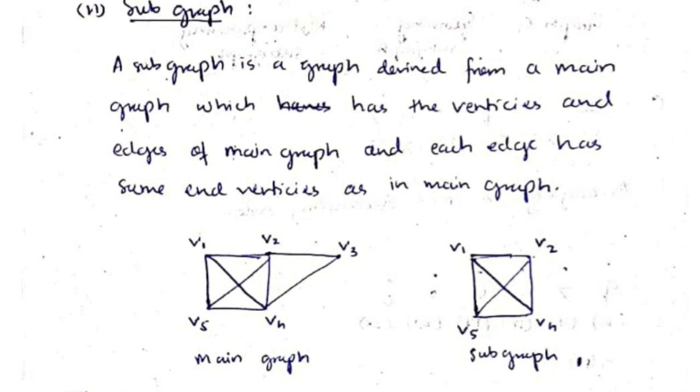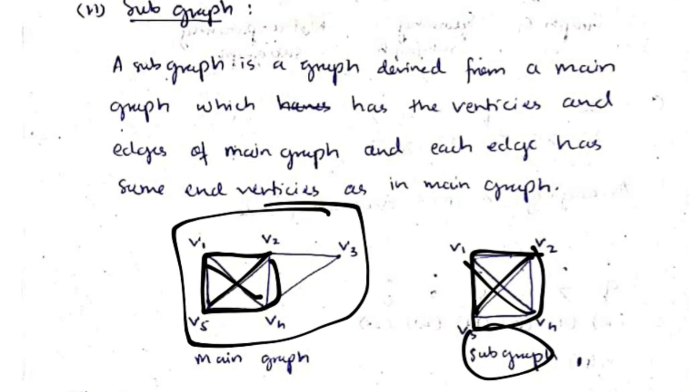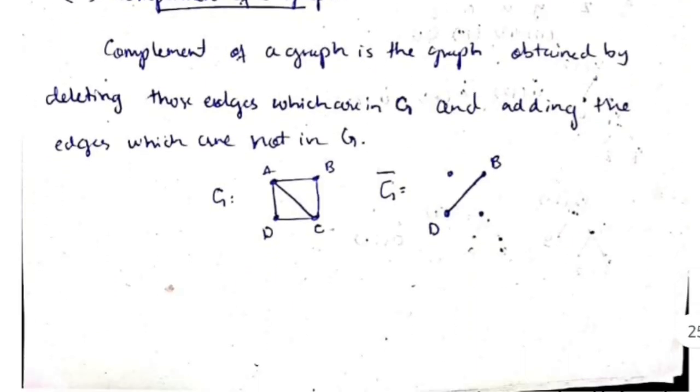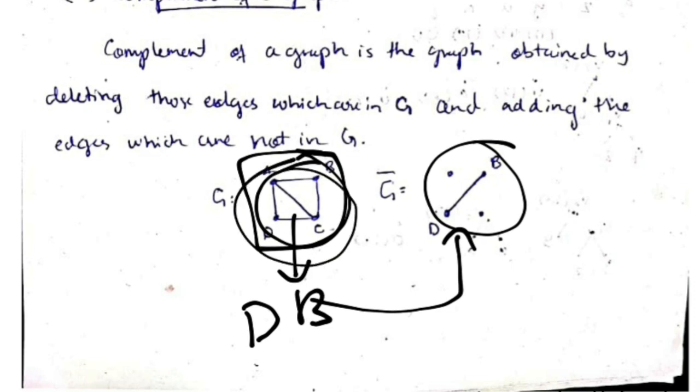In subgraph you will have a graph here, and if you take out a part of this graph separately, this graph is known as subgraph. And the third one, see here, if this is the graph here, the complement is defined as the edges which are not present in this. So the edges which are not present in this will be shown here, and this is the complement of this graph.